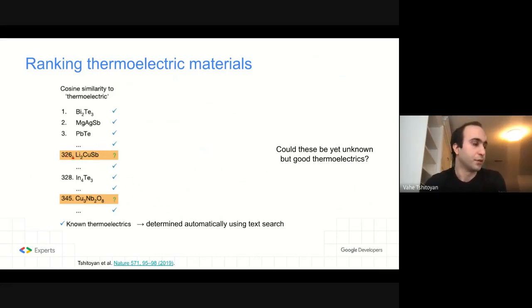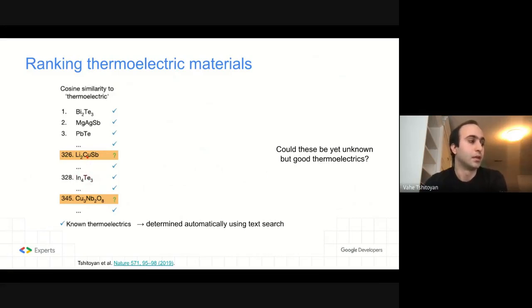But then if you look at the 326th material, and to give you an idea, there were about 100,000 formulas, so this is still a pretty high rank. The 326th one is something that has never been considered to be a thermoelectric, and is ranked higher than a lot of good known thermoelectrics.